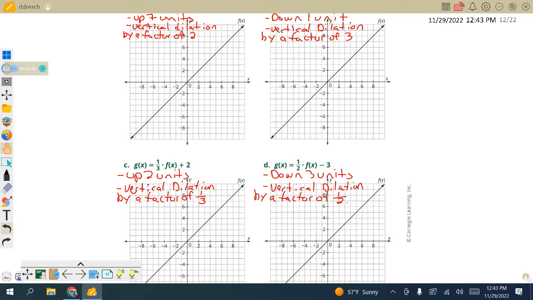Less steep. So in math, we're going to throw out a new word up at the top there. It's a vertical dilation, but because it's by a factor of 2 and by a factor of 3, what we say is happening here is, if I can spell, it's a stretch.